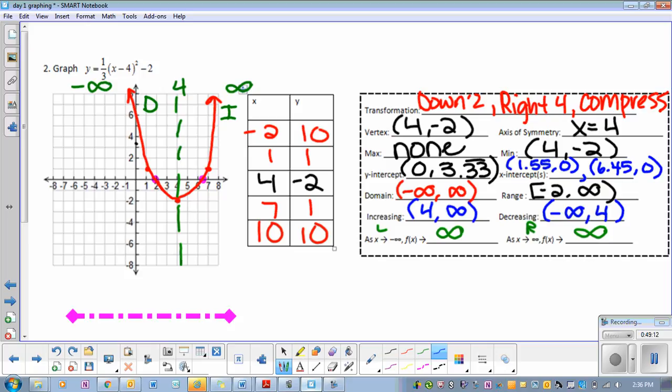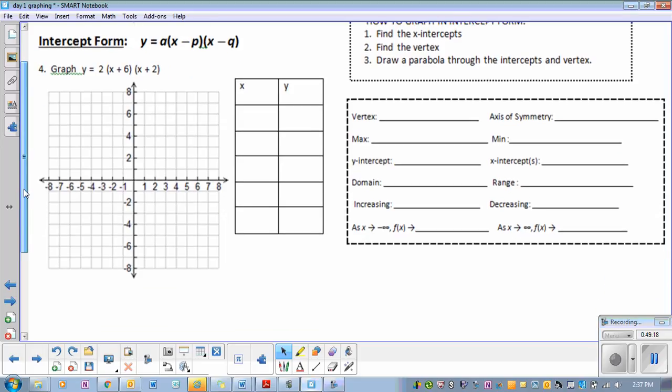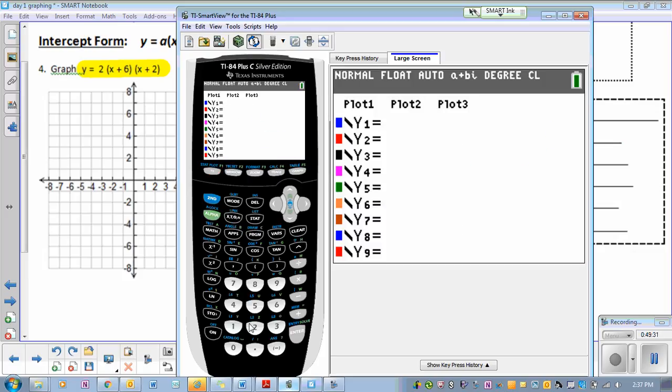Alright, let's try another one. Let's do number 4. This is a great one. Alright, so we need a graph. Let's grab this guy right here into our calculators. And the great thing is, no matter what form it's in, you can plug it all into your calculator.